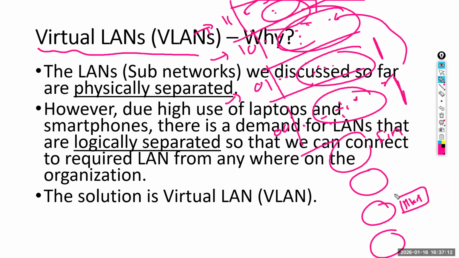That concept is called virtual LANs. Not physically separated, rather logically separated. So far, they were physically separated. But if it is a VLAN, it's just logically separated, regardless of your physical location.